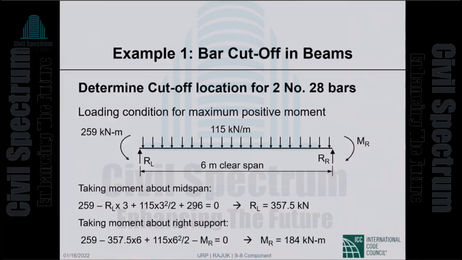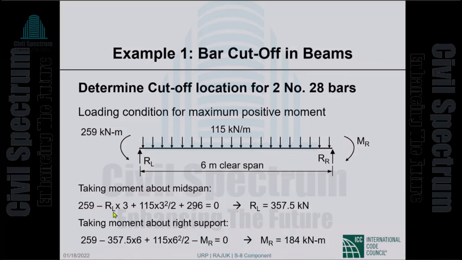So, the beam with the load on it, 259, etc., taking moment about midspan. So there is a moment of 259 counterclockwise. Midspan would be 3 meters from the left. This reaction will cause a moment R sub L times 3, which is clockwise.